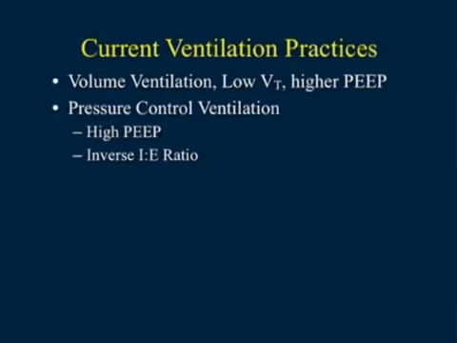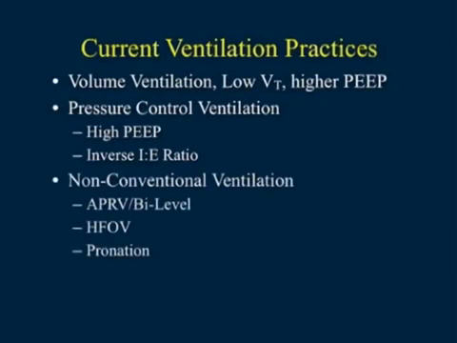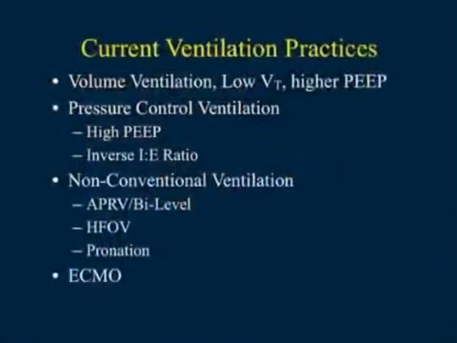Some people move to non-conventional ventilation like APRV or high-frequency oscillatory ventilation. And in centers that are trained and prepared to do so, they may even use extracorporeal membrane oxygenation to support the patient in view of complete respiratory failure.